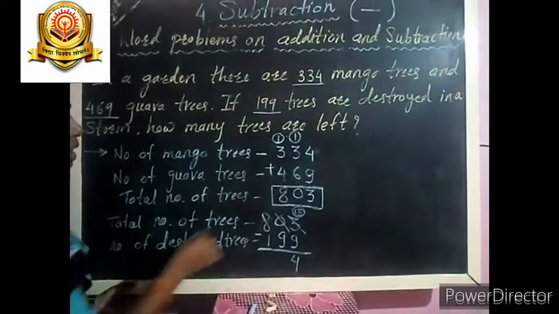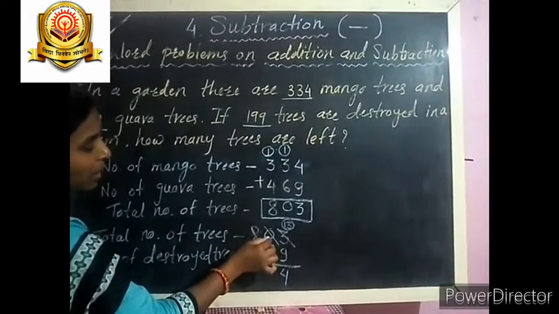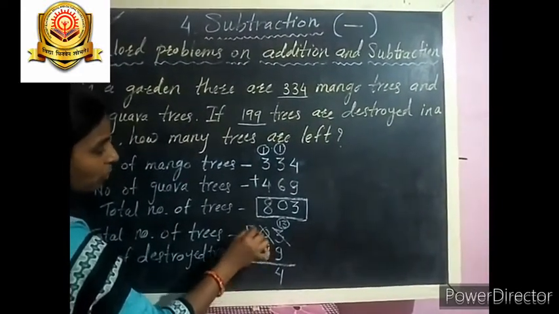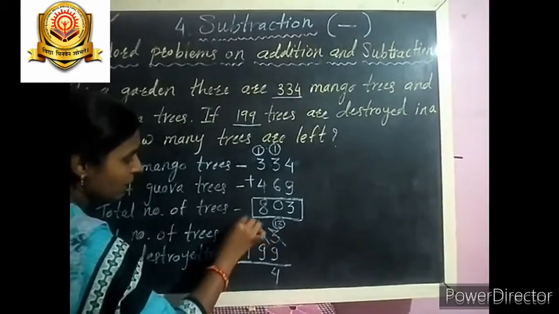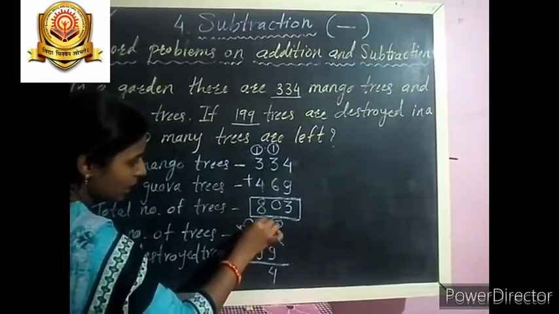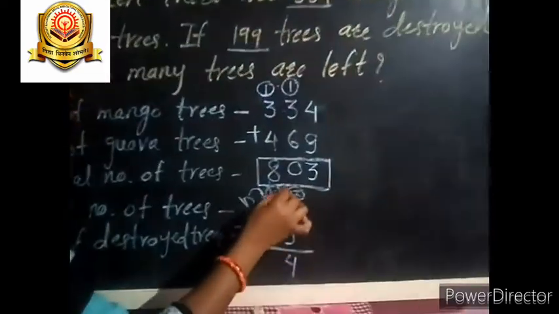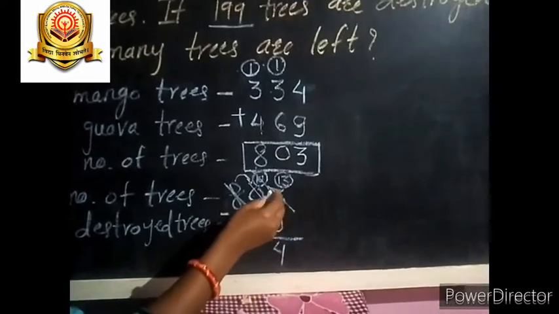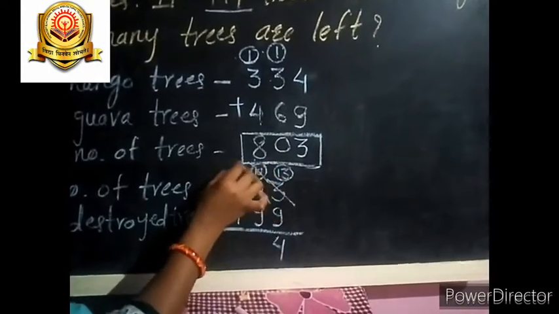Now students, here is no number. Means here is 0. So we take firstly one borrow from the hundreds place. So here 10, and then we take one borrow from the tens place. Then 10 minus 1 means 9.